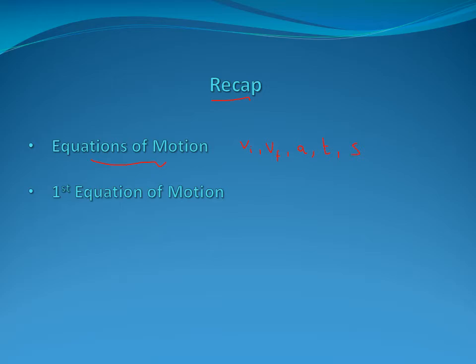So these five parameters are the properties, the characteristics of a moving body, and these are related by equations of motion.